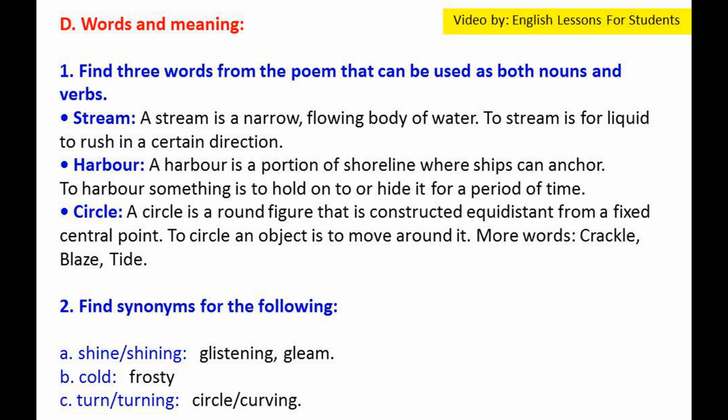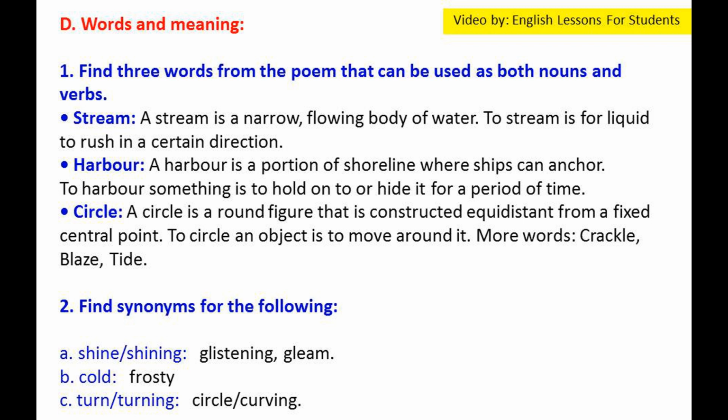To stream is for liquid to rush in a certain direction. Harbor. A harbor is a portion of shoreline where ships can anchor. To harbor something is to hold on to or hide it for a period of time.